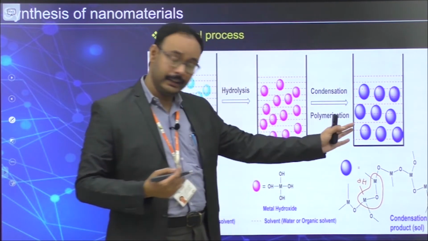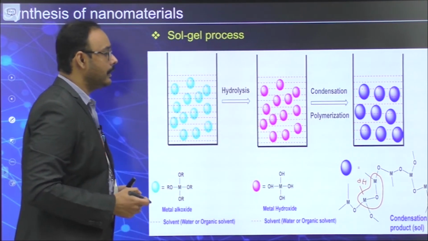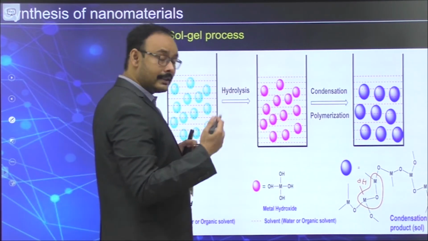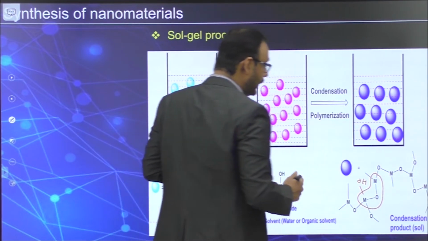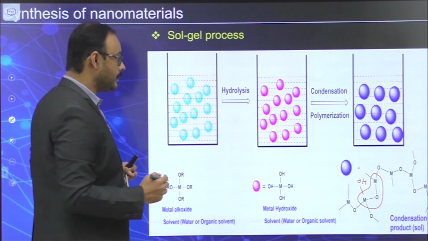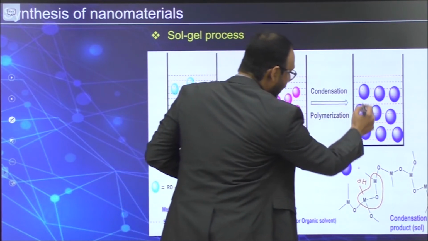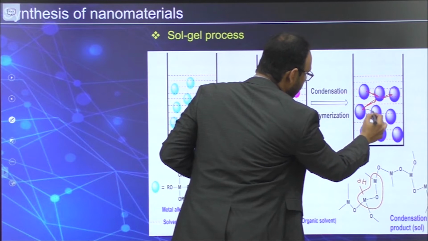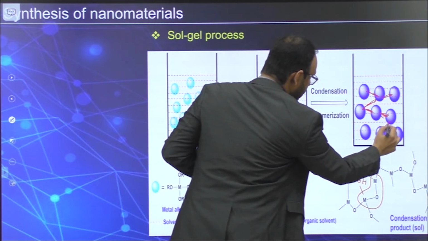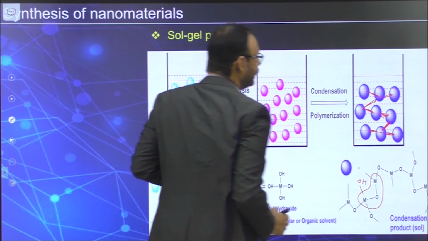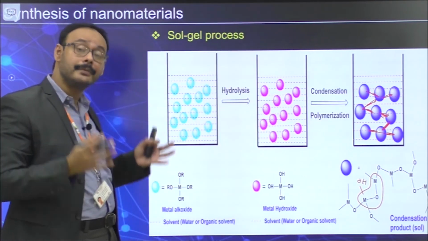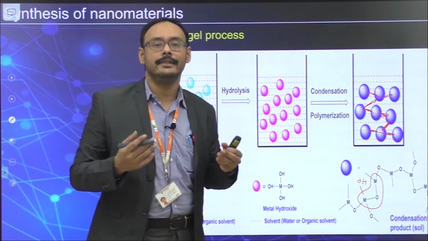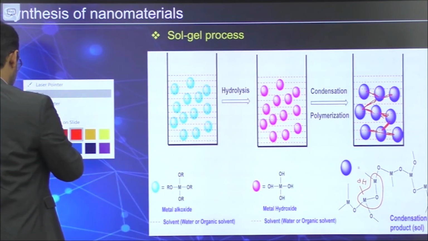Eventually you are going to get relatively bigger particles which are still at the colloidal level, but there is a possibility that these particles are going to aggregate among each other. And once it forms that kind of network structure, we'll call it a gel.